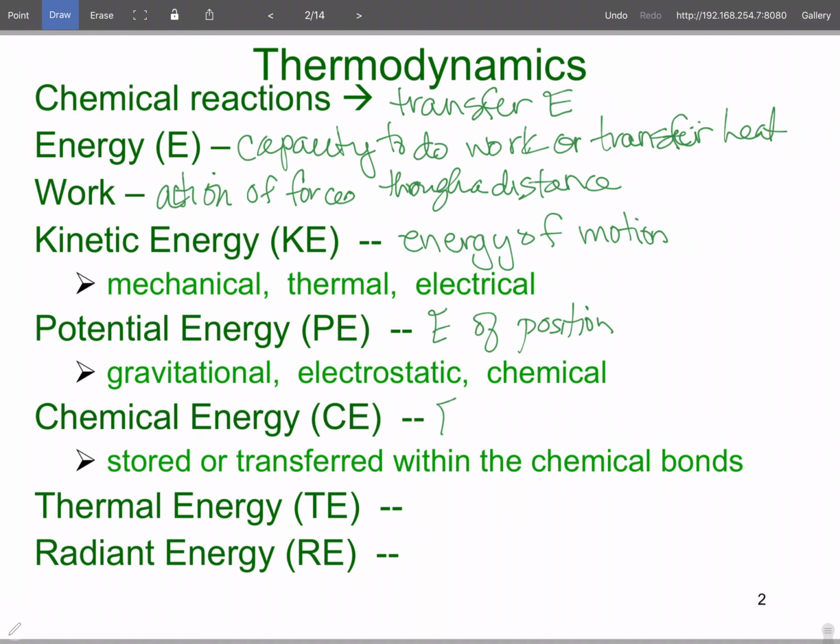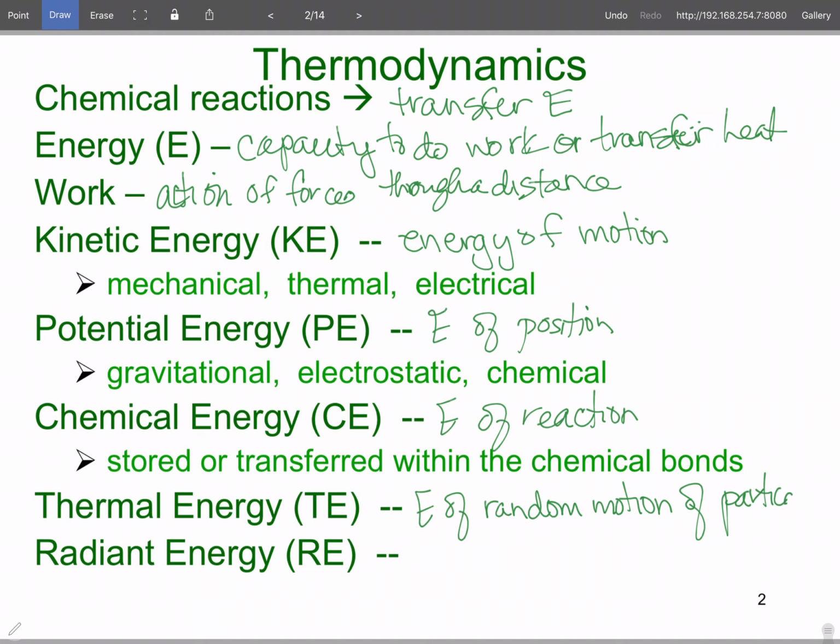Chemical energy is the energy of reaction. So the reactions that take place, and it's stored or transferred within the bonds and changes as you change species. Thermal energy in general is the energy of the random motion of particles, and this is basically the temperature.